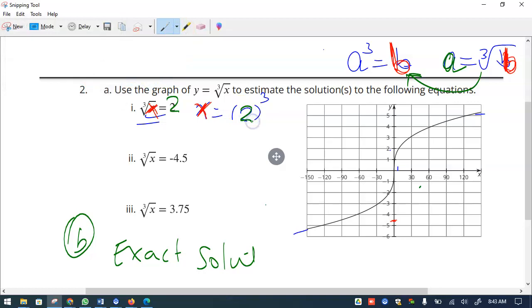Watch this color that I'm showing. This two, the green one, you have to cube. So this is the green one, see? So therefore your answer becomes x equals 2 times 2 times 2, you're done.